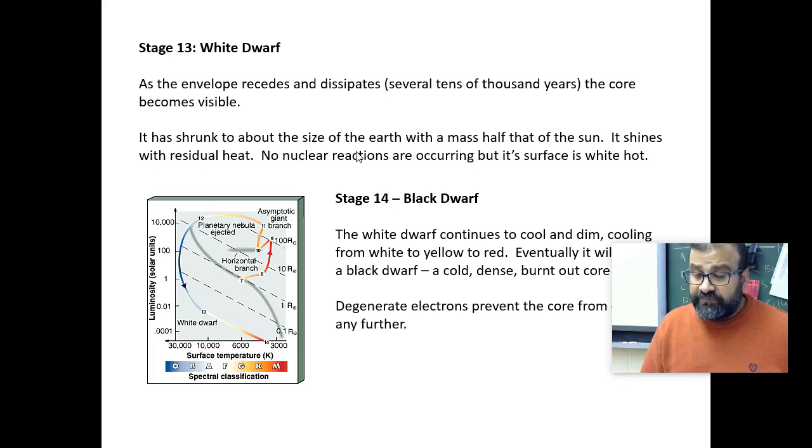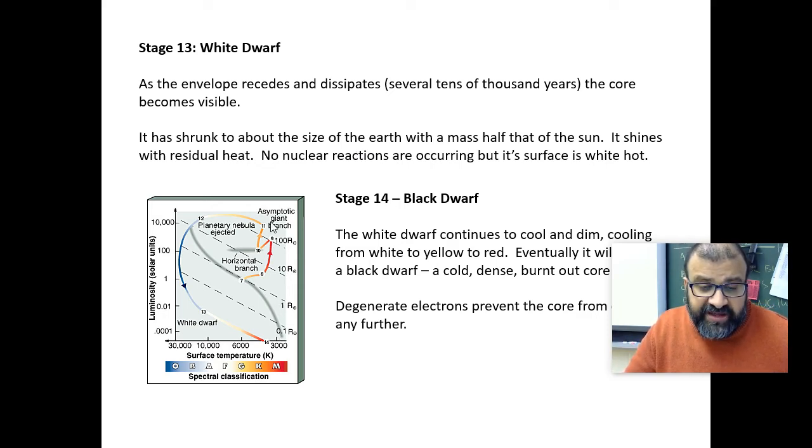That object is no longer compressing; electron degeneracy prevents further compression. So it's not generating any new heat, but it's still super hot. It's got all that heat from all that compression and all that fusion. So its surface is white hot.